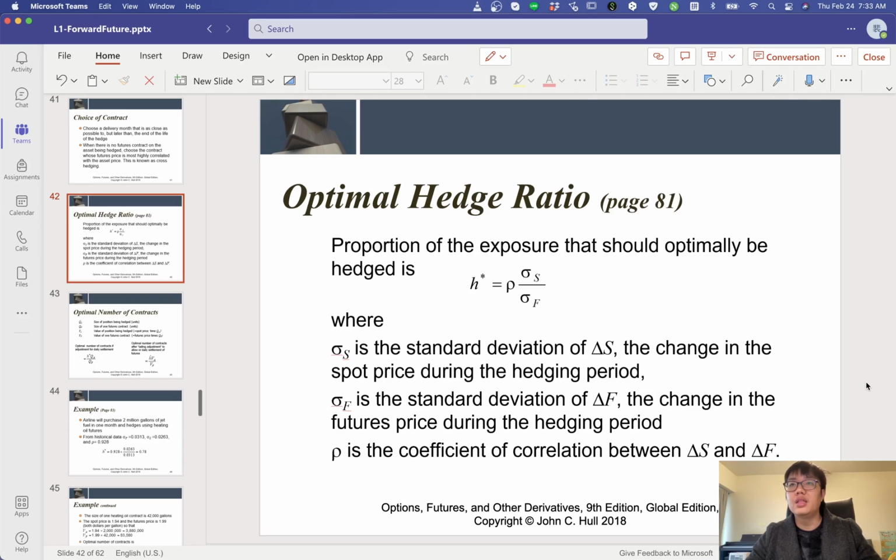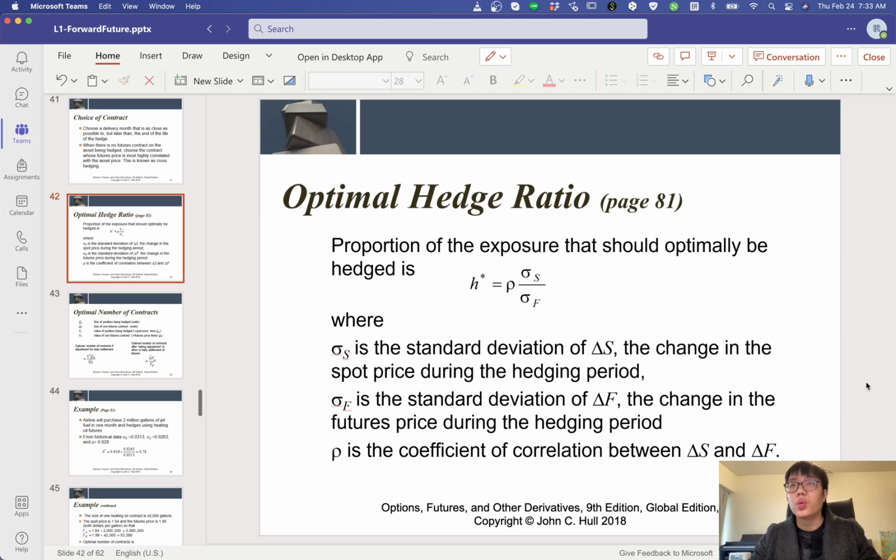For example, you need 10 million dollars and one contract is 1 million, so very easy, you just buy 10 contracts, right? But sometimes our requirements and the market conditions are not the same, so the products in the market are not exactly the same as your underlying requirement.